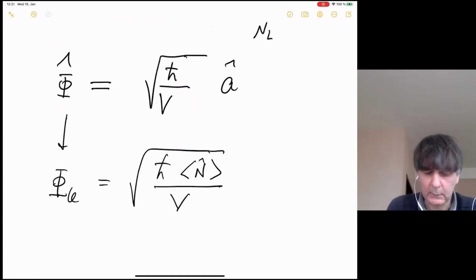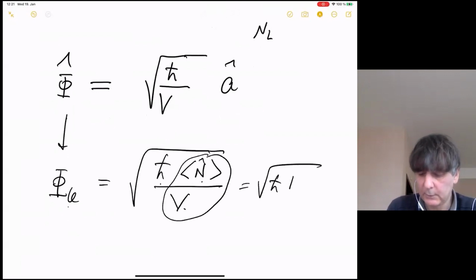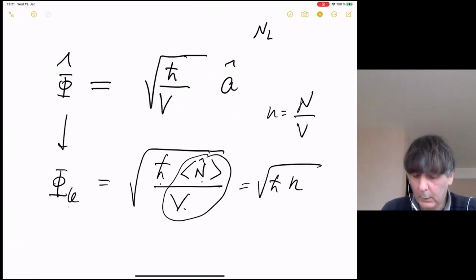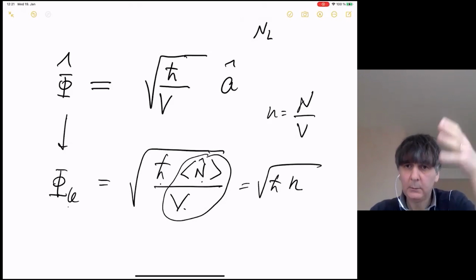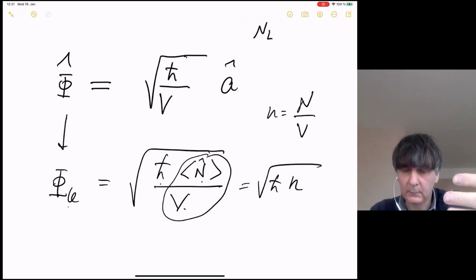The dictionary is that the classical field squared is h bar times N divided by V, which is just h bar times the number density. Number density is N divided by V. So basically, the classical field is essentially the square root of h bar times the occupation number density.